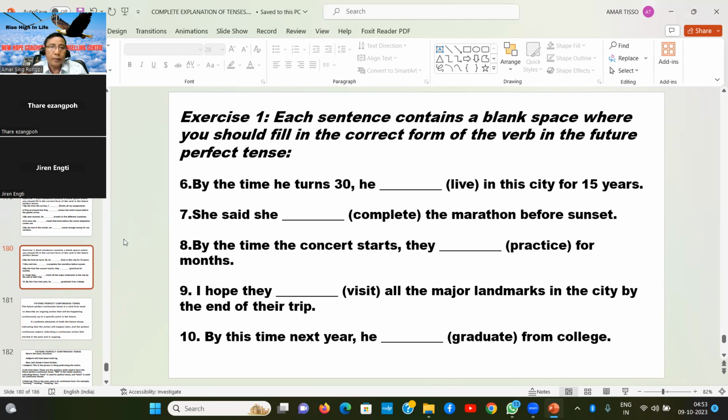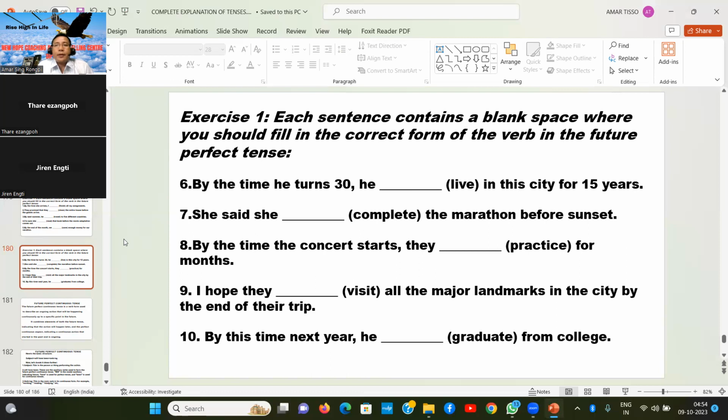By the time he turns 30, yes, 30, he will have lived in this city for 15 years. Okay.